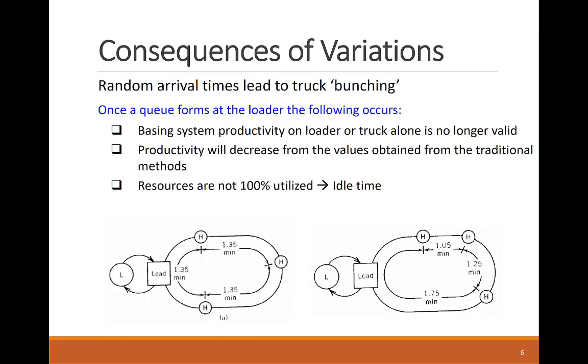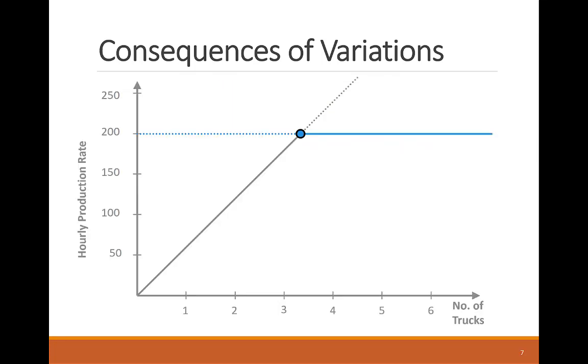Once this truck queue forms, our deterministic crew production estimation based on the loader and truck's productivity values is no longer a valid approach. Actual productivity will be lower than estimated values, as the loader and trucks will not be utilized 100%. These variations in actual operation times result in lower production than the expected values.